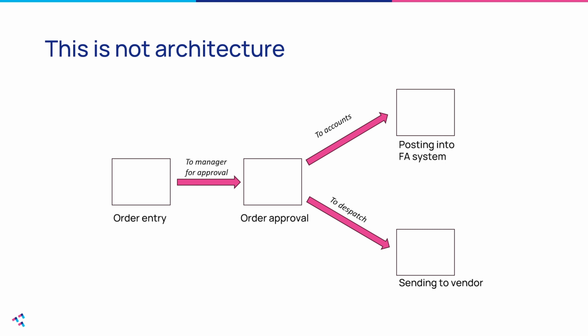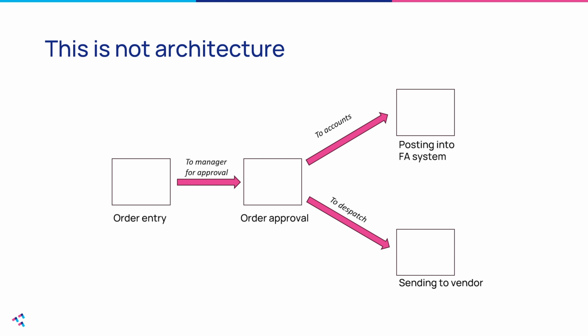What this slide is depicting is one box, the first box on the left hand side, is order entry. So after order entry, what happens? The order goes to a manager for approval and the manager approves. Assuming the manager is in a good mood and approves the order, then the approved order goes to the next 2 functional areas. One area is accounts. So the arrow going up towards the right, it goes to accounts, and the accounts department enters that order into an accounting system.